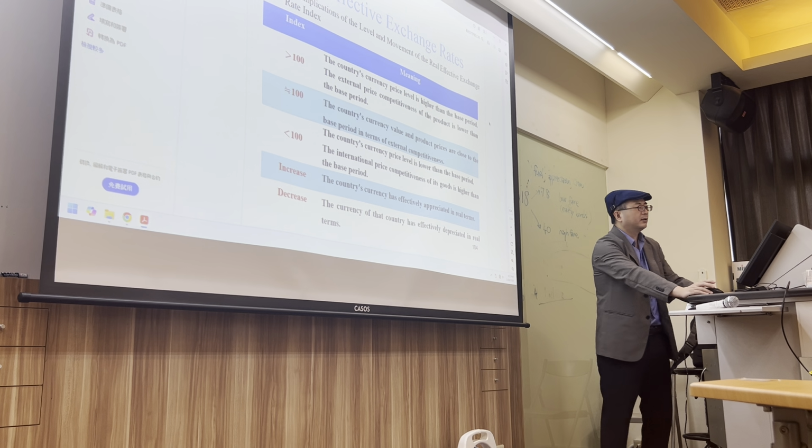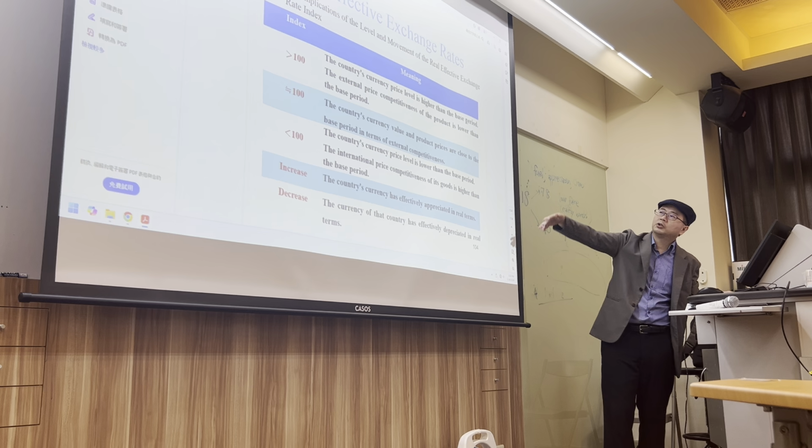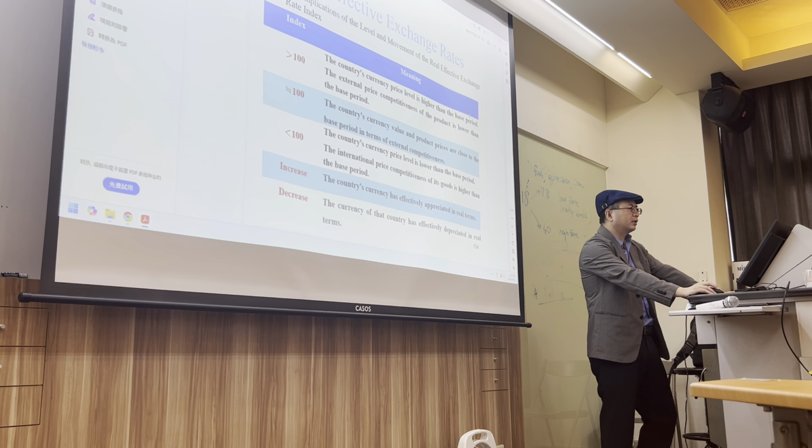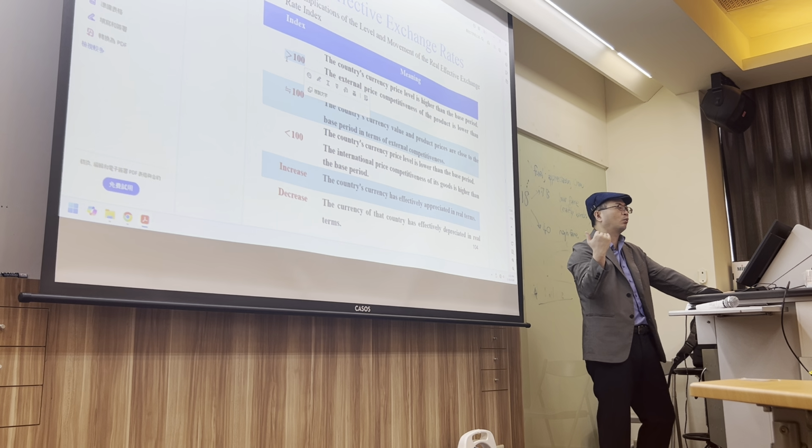Now I'm going to show you the implication of the level and the movement of the real effective exchange rate index. As we mentioned, we have a couple of situations. The first one is when it's greater than 100.